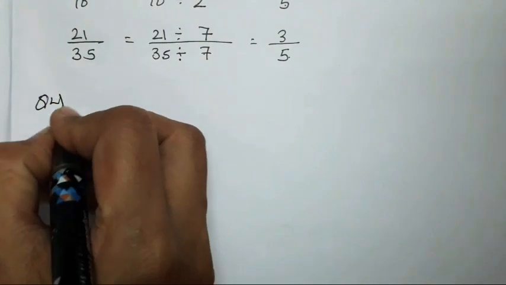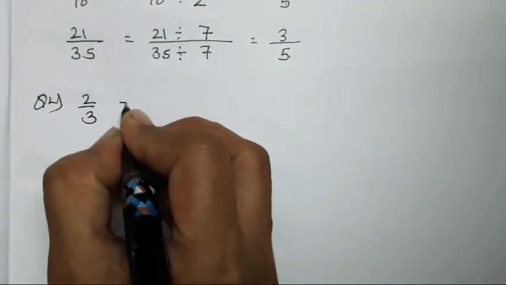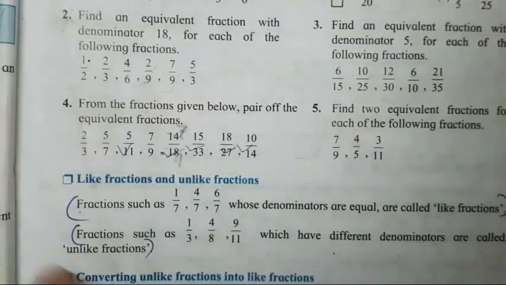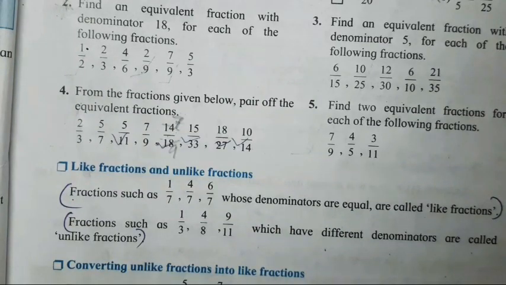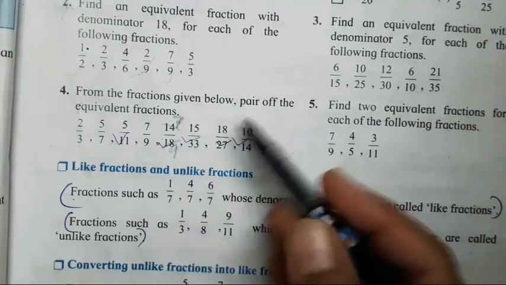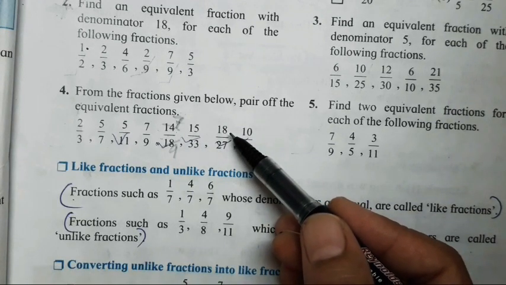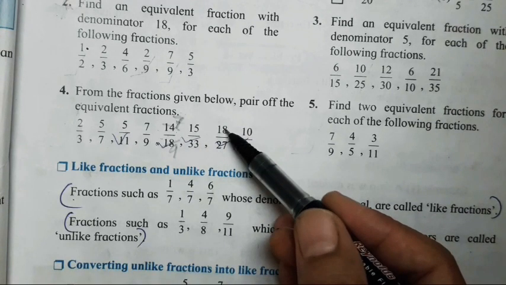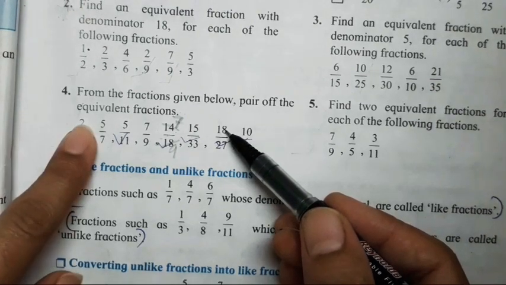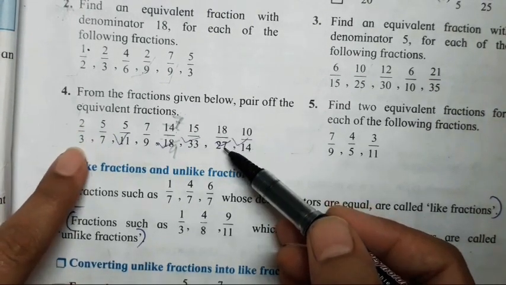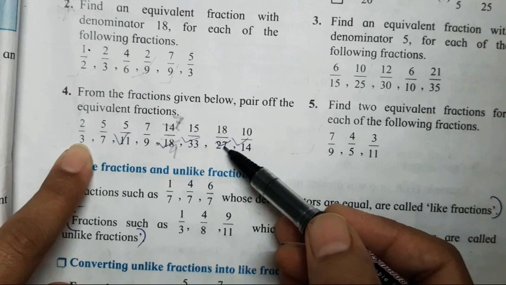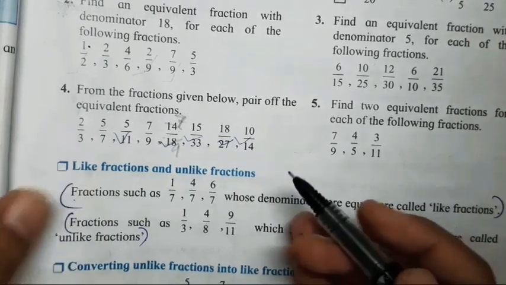Question number 4, 2 upon 3. So how are you going to get 2 upon 3? For that, check the numbers. See, 9 2s are 18, and 9 3s are 27.